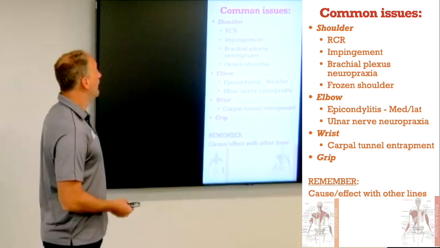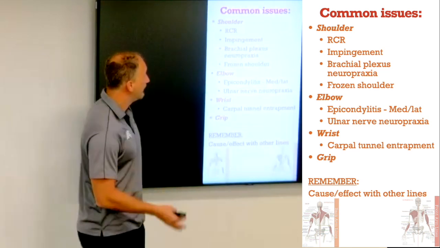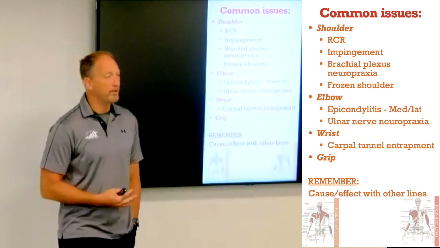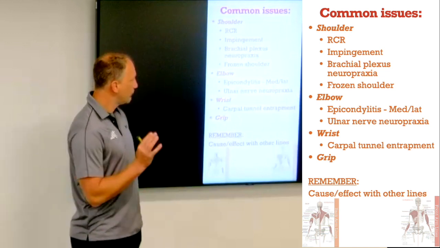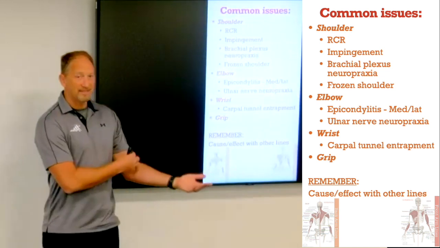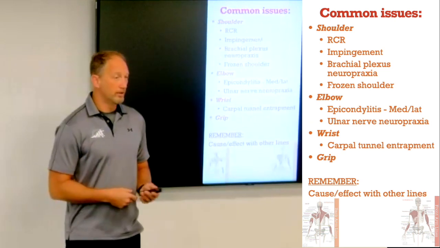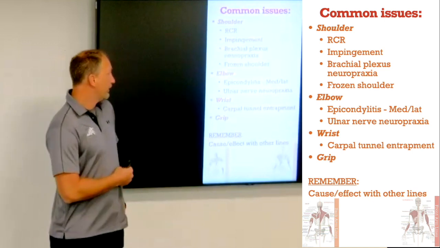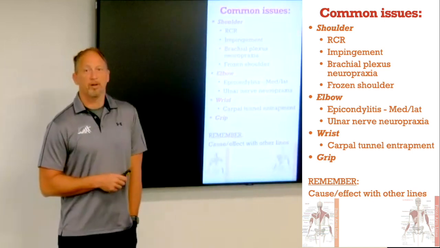It's not. Shoulder impingements. Any stuff going on, numbness, tingling in the upper extremity from the brachial plexus. We're not going to talk about frozen shoulder. The epicondylitis of the elbow, tennis elbow, medial epicondylitis, lateral epicondylitis, golfer's elbow, carpal tunnel.